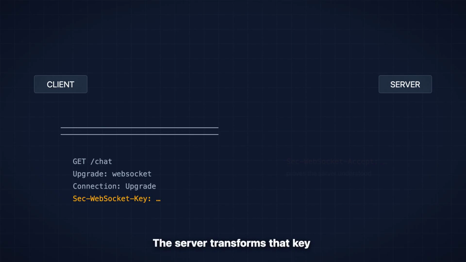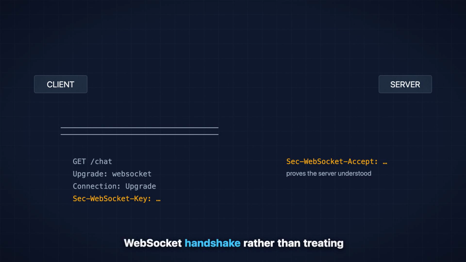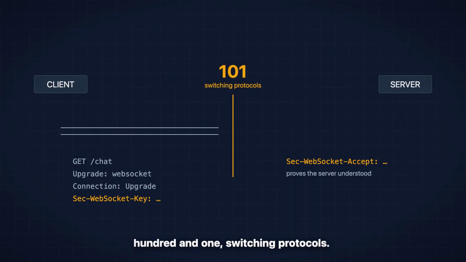The server transforms that key and sends the result back, which proves it understood a WebSocket handshake rather than treating this as an ordinary request. And then the server answers with a status code you see about once every 3 years, not 200, 101, switching protocols. Same connection underneath, different protocol on top. In the classic handshake, that is the last moment this behaves like HTTP.